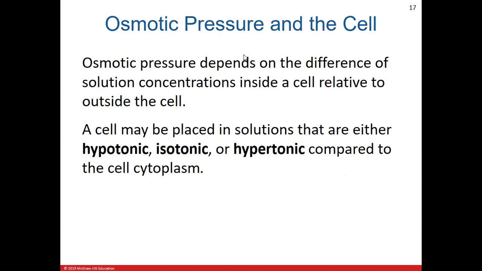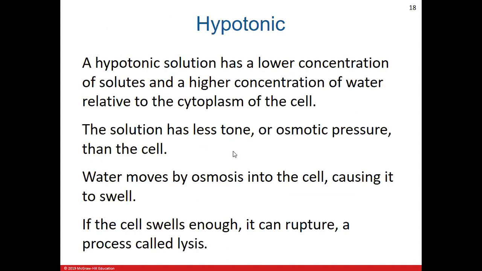But the osmotic pressure here depends on the difference of the solution concentrations, because you usually don't have equal concentrations on both sides of a membrane. If you do, then that's referred to as isotonic. Notice the prefix here: hypo means lower than, iso means equal, and hyper means higher than. And so we'll talk about each one of these.